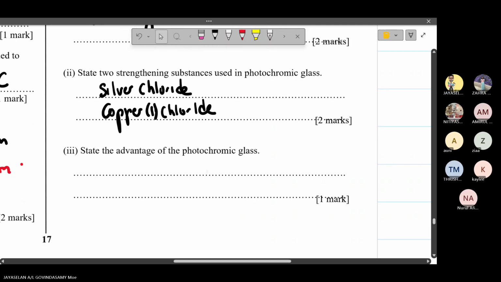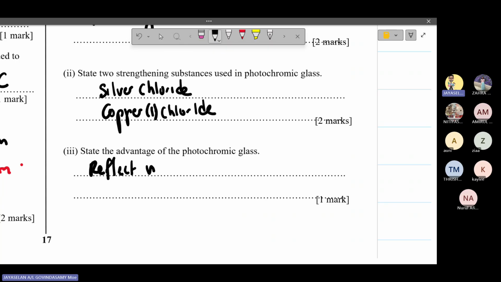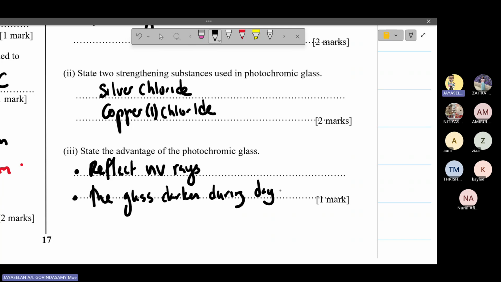Clear? Okay, state the advantage of photochromic glass. It will reflect UV rays. Number one, the glass darkens during daytime and becomes clear.